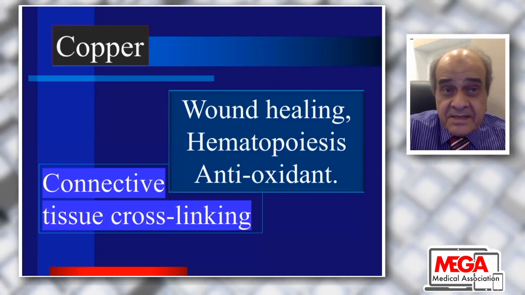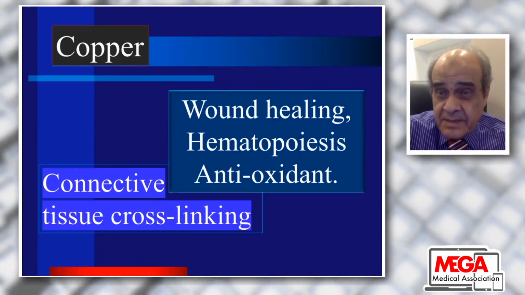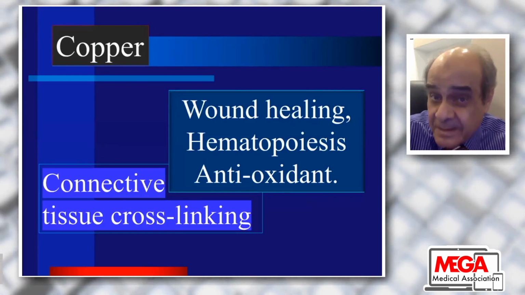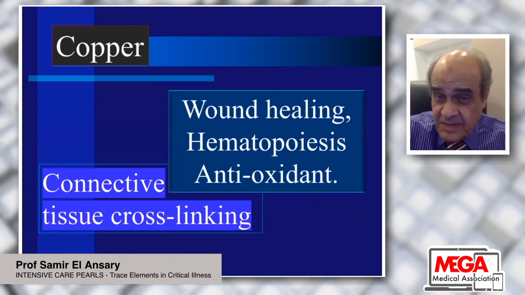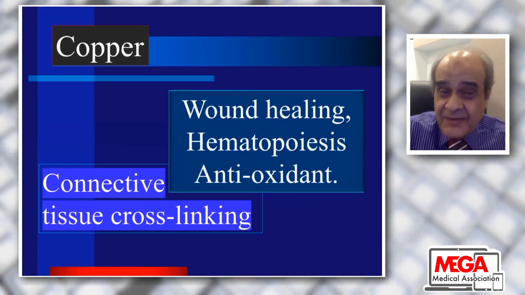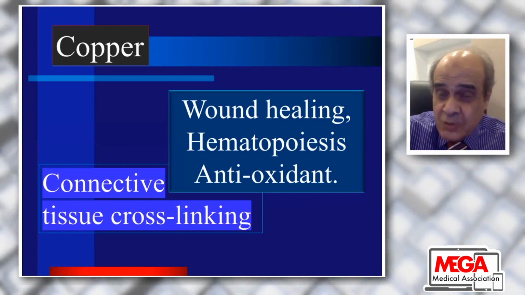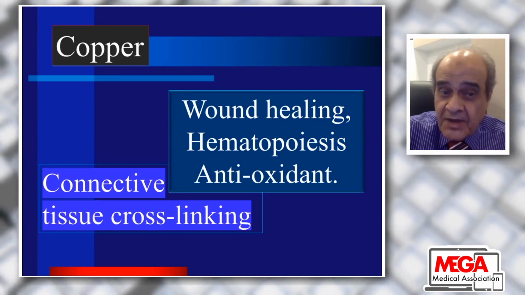The third trace element is copper, which is very essential and mandatory for wound healing, for hematopoiesis, formation of red blood cells and bone marrow function, and for platelet formation. At the same time it is an antioxidant and very important for connective tissue cross-linking.